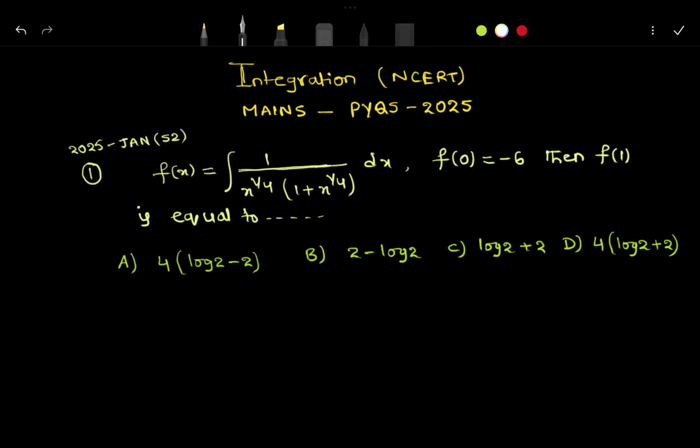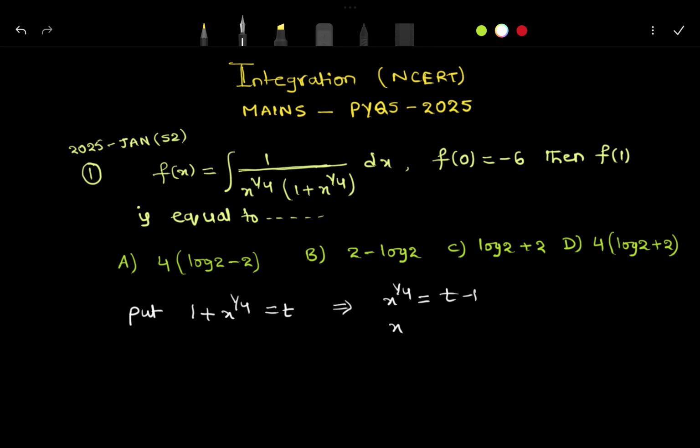See how to do this model problem. First of all, take 1 plus x to the power of 1 by 4 equal to t. From this, x to the power of 1 by 4 is equal to t minus 1.